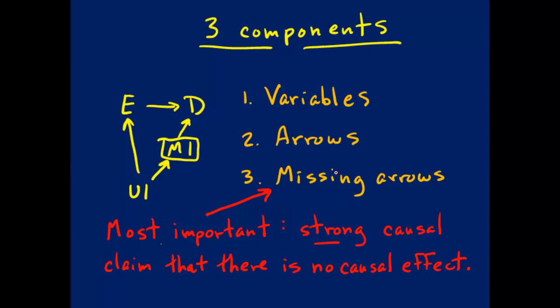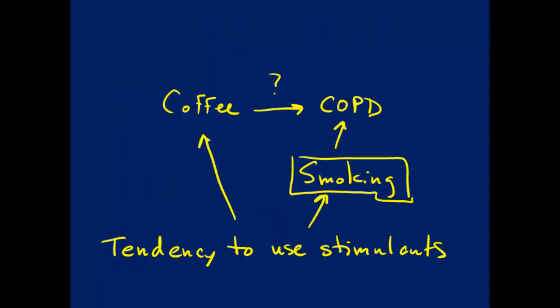So one of the principles that you should remember is that if you're not certain whether there's a causal relationship between one variable and another variable, the conservative choice is to put the arrow there. So if we look at our previous example, the absence of an arrow means that there is a strong causal claim.